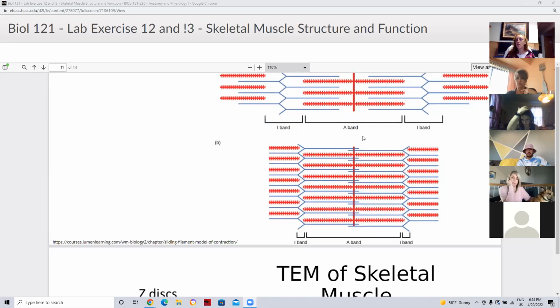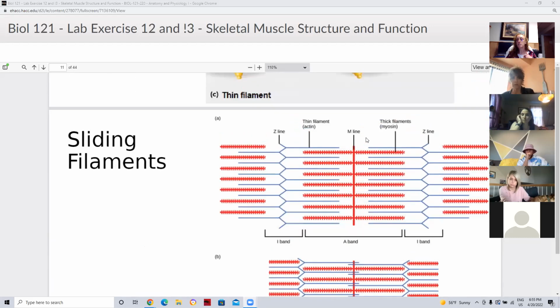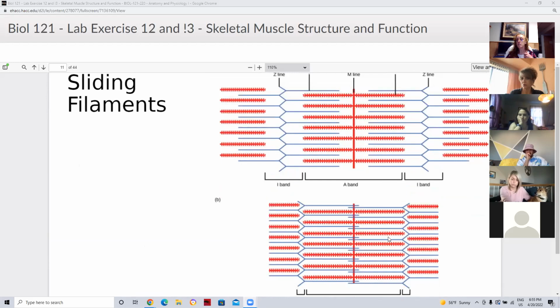The I bands become smaller, right? You're right, the I bands do become smaller. Do the A bands? No, they don't. Does the H zone, is it still present when the muscle's contracted? Remember what the H zone was? It was this area right here. Is it present when the muscle's contracted? No, because they're overlapping.